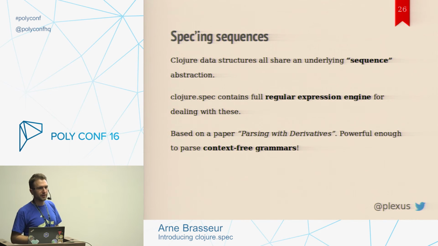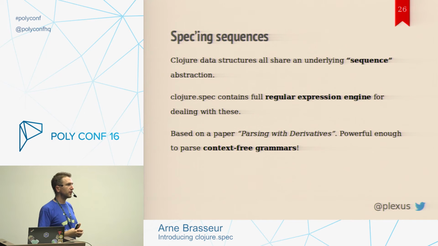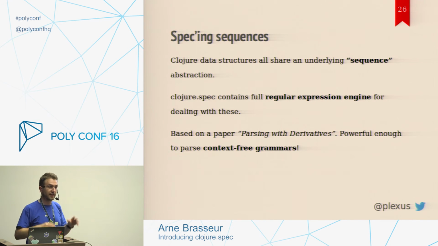And so this whole part is based on a paper called Parsing with Derivatives. And even though it's called regular expressions and it uses a lot of the logic and nomenclature of regular expressions, it's actually powerful enough to parse flat structures into nested structures. So you can do balancing of parentheses and stuff like that. It's actually powerful enough to do context-free grammars.